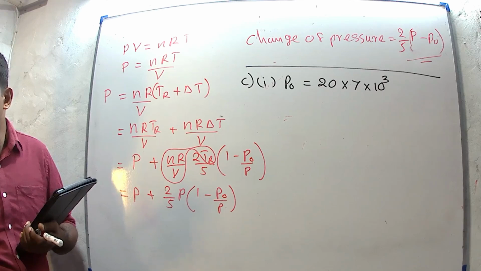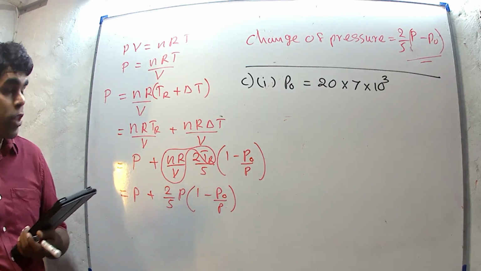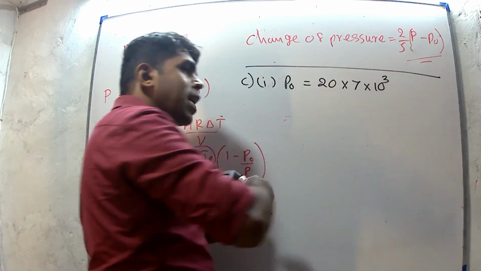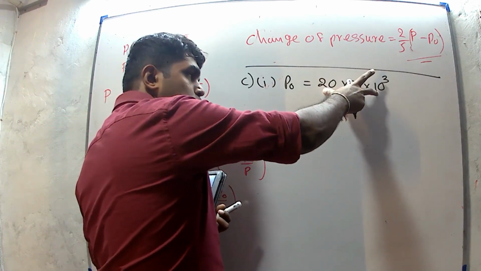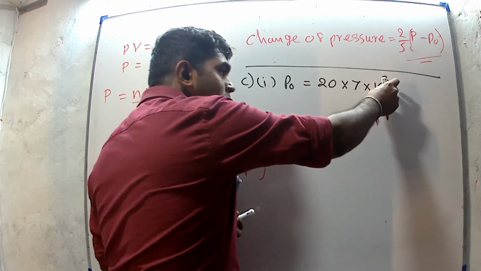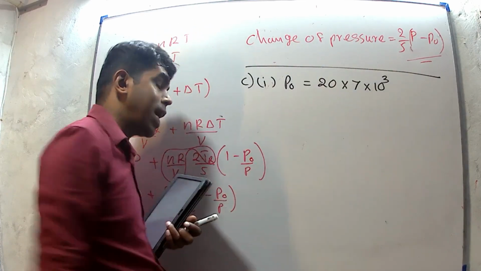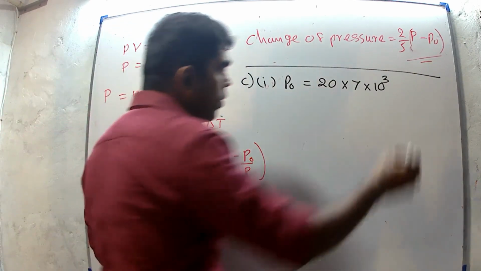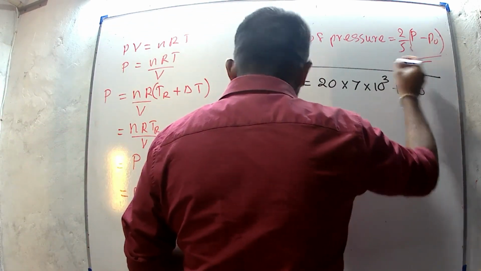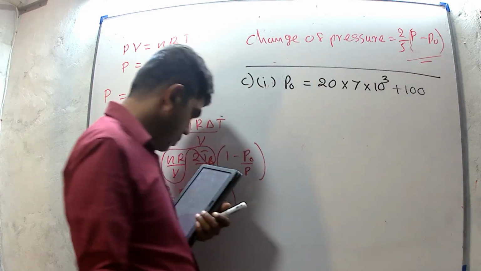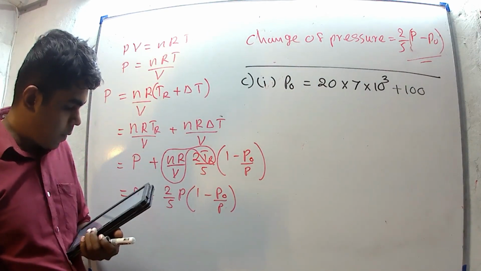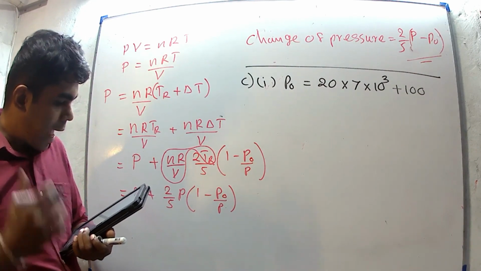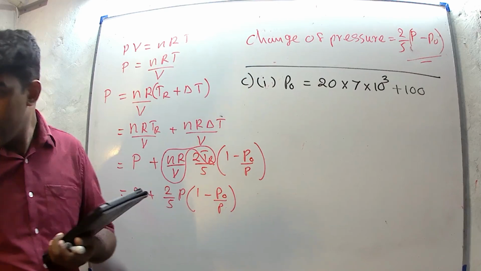It is relative to atmospheric pressure. It means 20 into 10 to the power 3 into 7 pascal greater than the atmospheric pressure. Therefore, we have to add atmospheric pressure, 100 kilopascal, to get the pressure inside the tire.